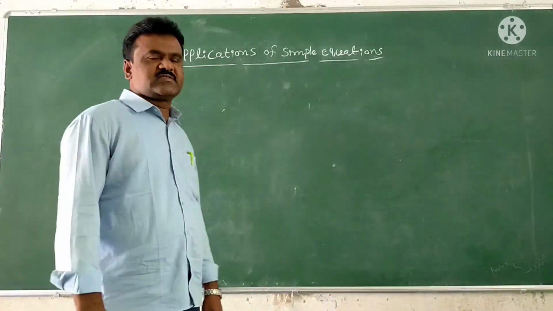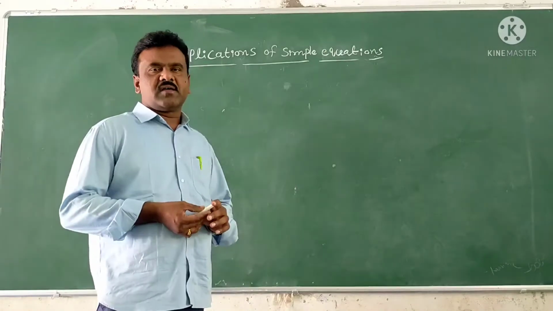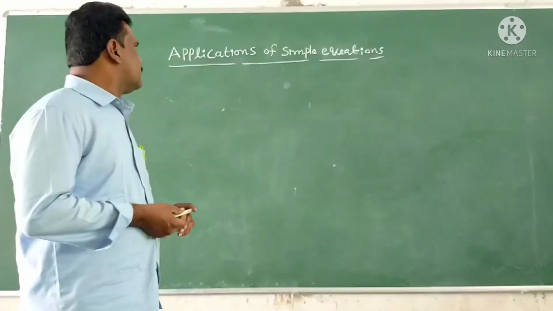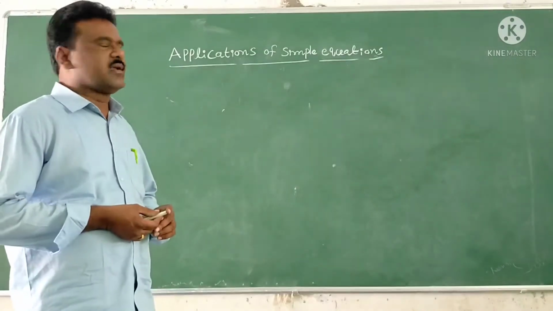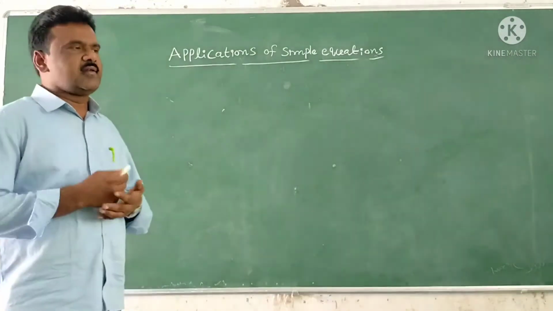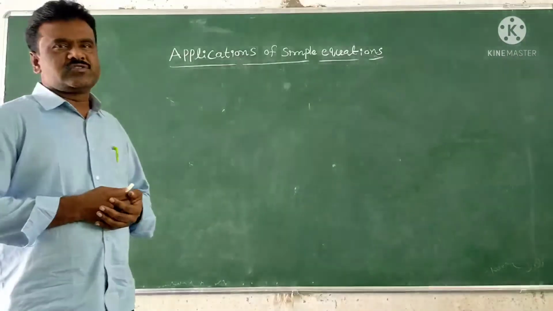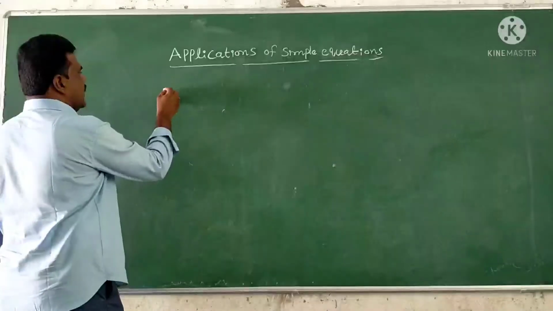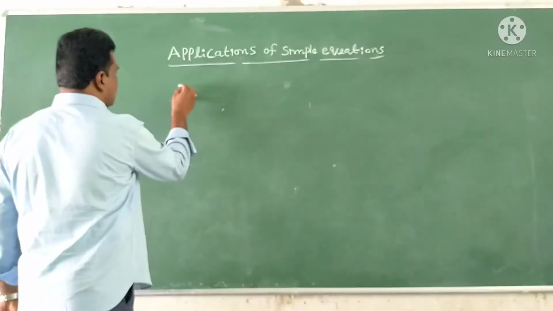In previous classes, we have already learned about simple equations. Before going to our topic, applications of simple equations, let us recall previous knowledge of simple equations. Here, I am writing an equation like 2x plus 3 is equal to 7.